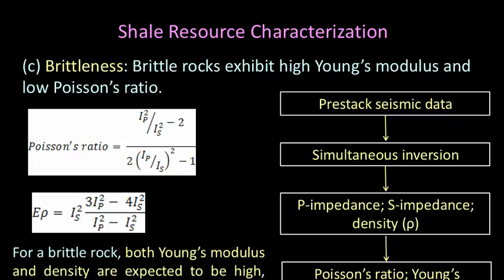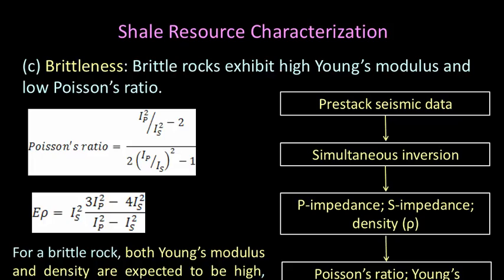So if you have data with very long offsets, large angles, you can determine density, and then of course you can determine Young's modulus. But normally for normal data acquisitions, we don't go with very long offsets. So we found that this E-rho attribute can substitute for those data sets where we don't have long offsets.